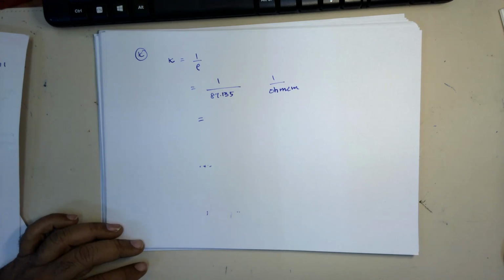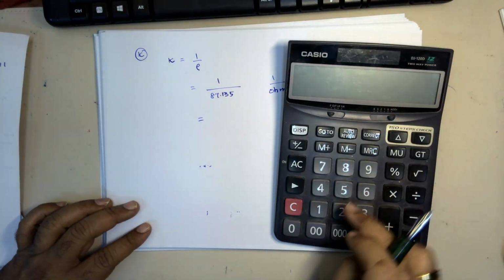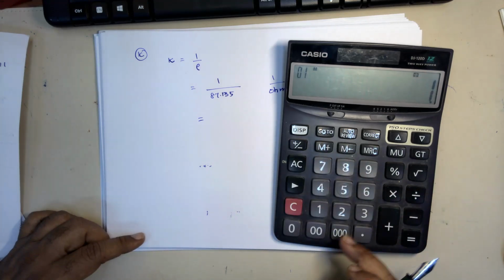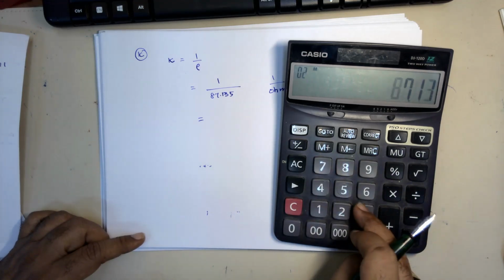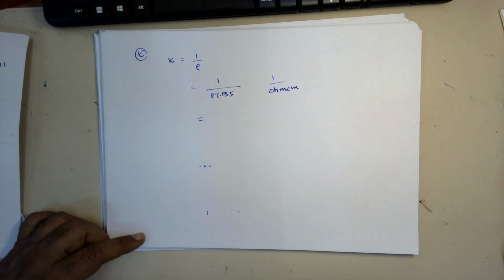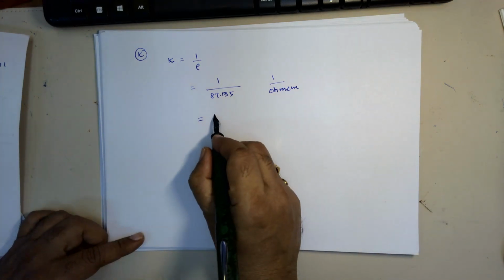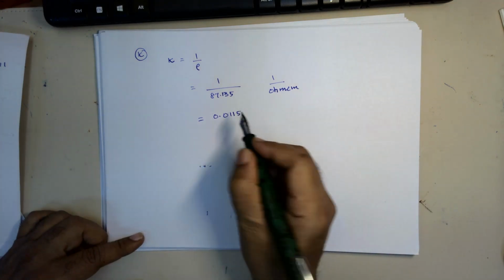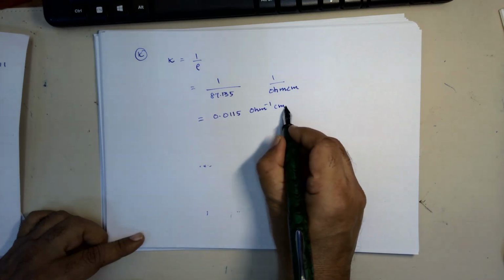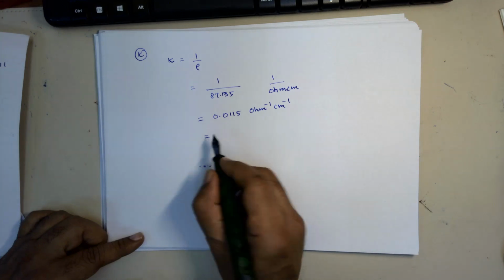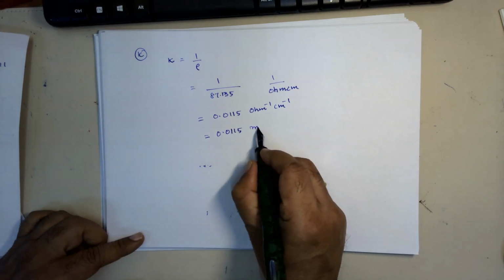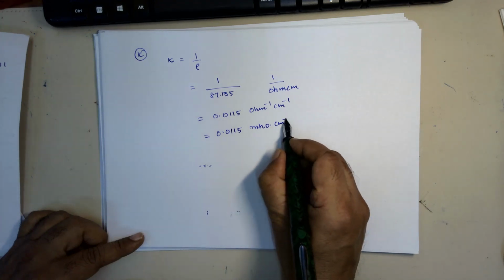So we can take 1 divided by 87.135. That is 0.0115, and this becomes ohm inverse centimeter inverse. This ohm inverse can also be represented as mho, then centimeter inverse.